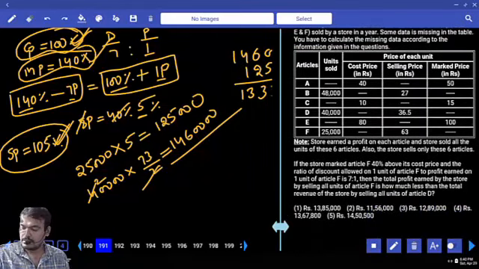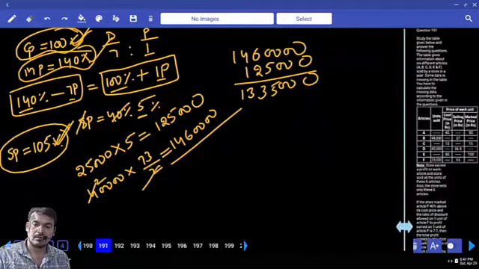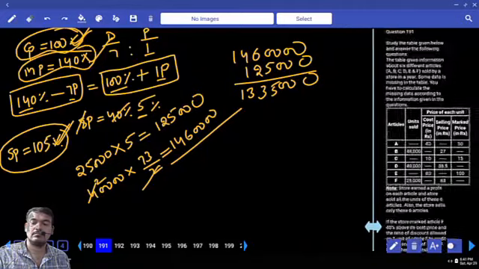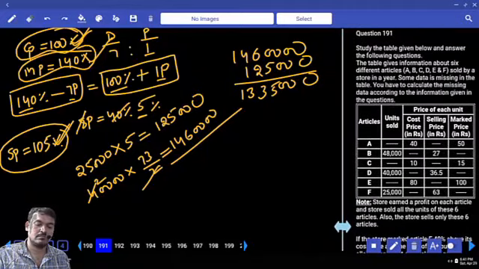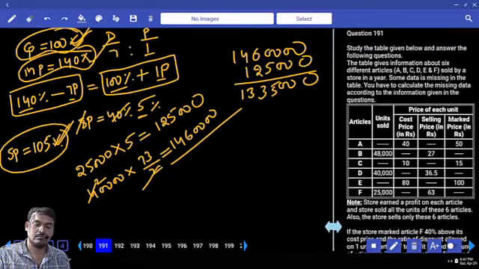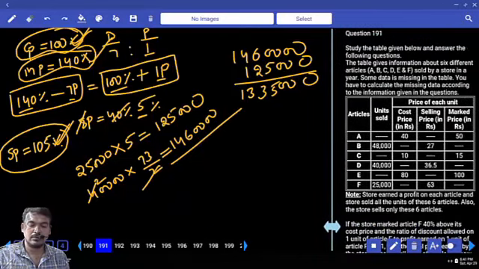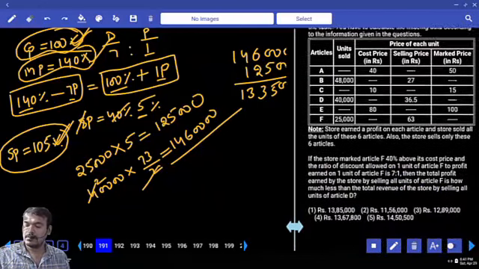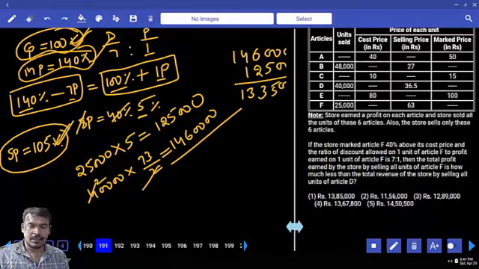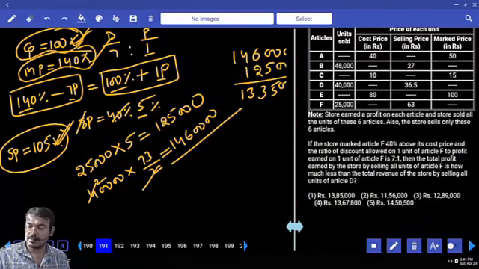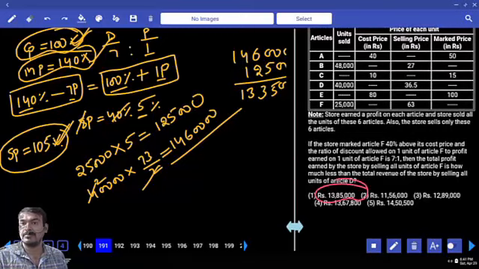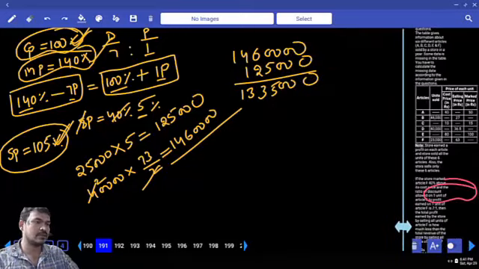F, 25,000, into 73, 146, 0000. I think in the first option we are getting 13 lakhs 85,000. Check the calculation once. 13 lakhs 85,000 is the change.